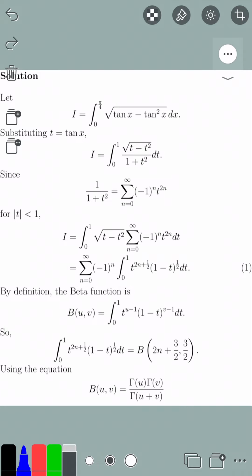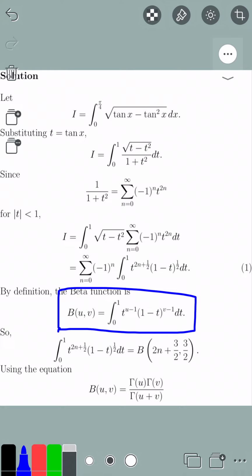Next, let's solve the integral inside the series. We will use the beta function. A definition of the beta function, because the beta function can have many definitions in many different forms, at least 3, I guess.